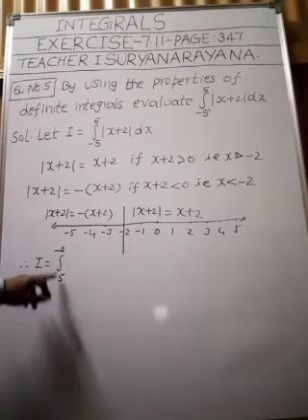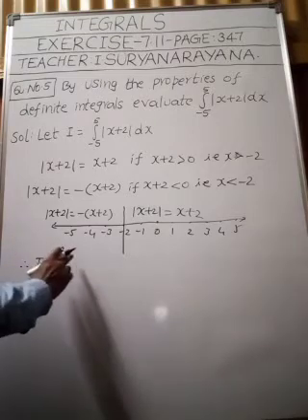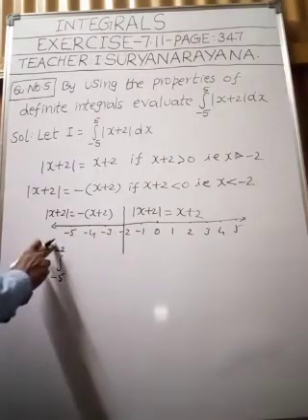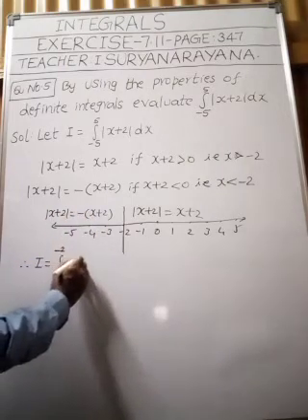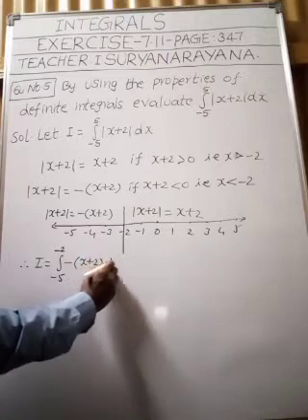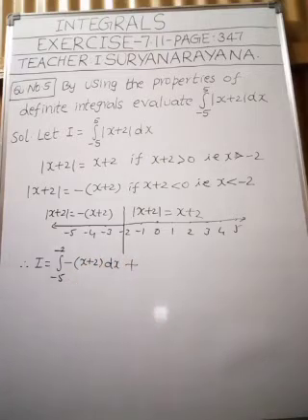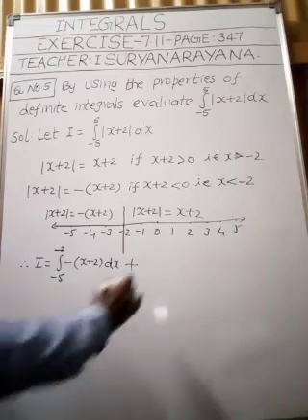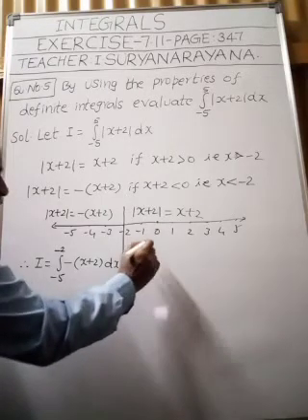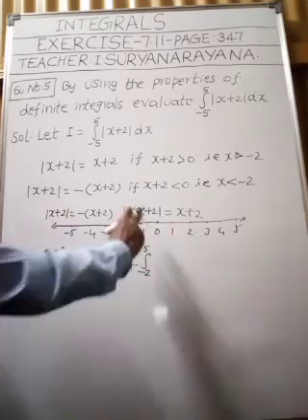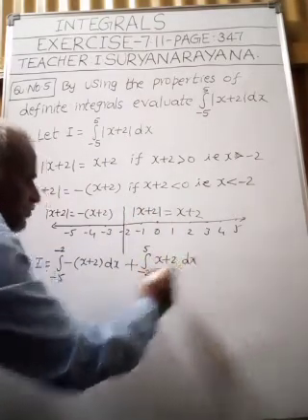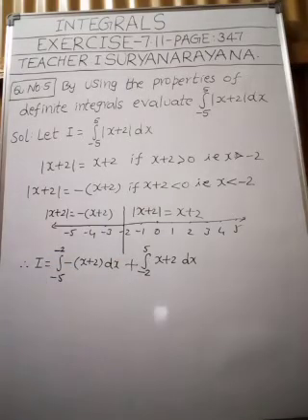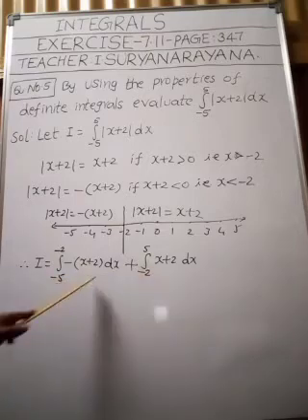So in this interval, minus 5 to minus 2, f of x is defined as minus of x plus 2 dx, plus integral minus 2 to 5. In this interval, modulus of x plus 2 is defined as x plus 2 dx. Understood this step, my children? We are splitting this modulus function into two intervals like this.